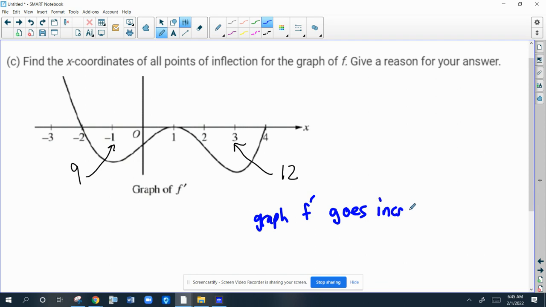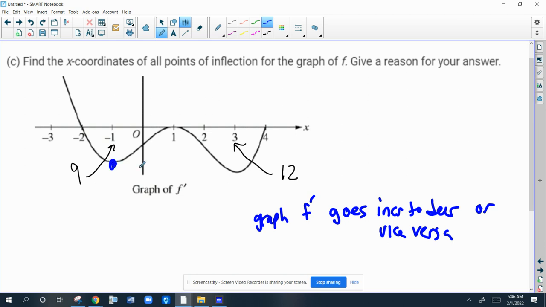Or you could even say it's where the graph of f prime has relative extrema, because that's where it's going to go from increasing to decreasing or vice versa.